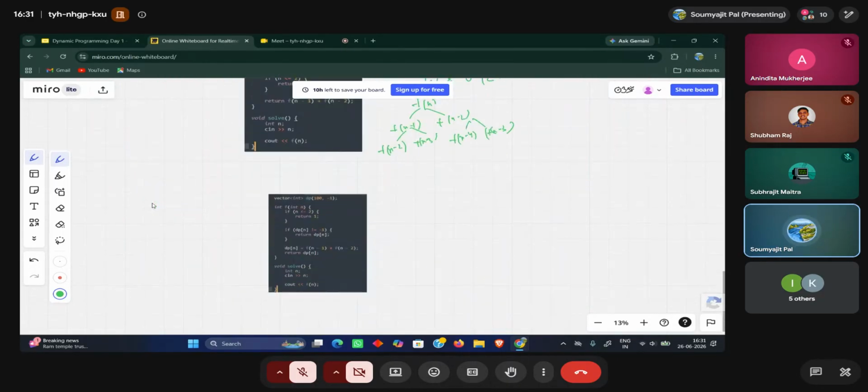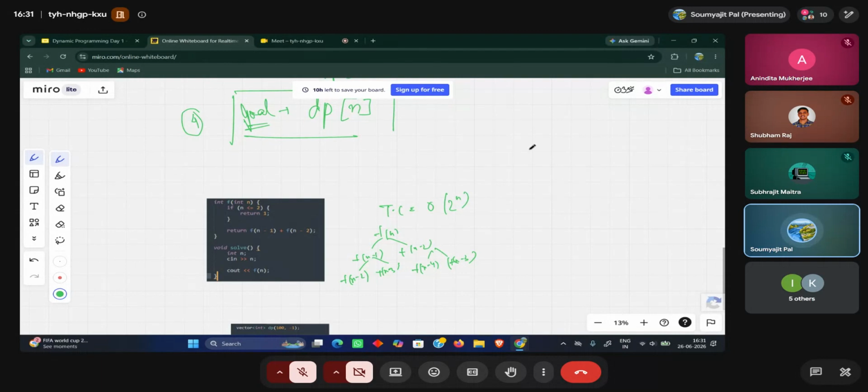Since each Fibonacci number, whatever I store here, has a positive value, this will be 2, then 1 plus 2 is 3, then 5. So each Fibonacci number is basically a positive integer.